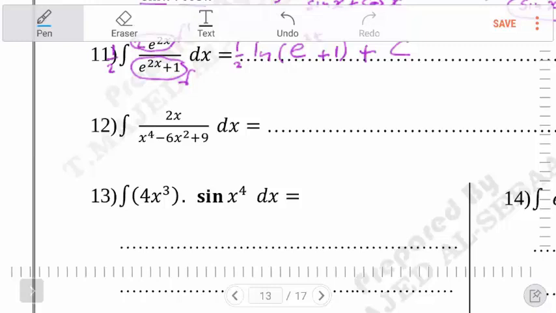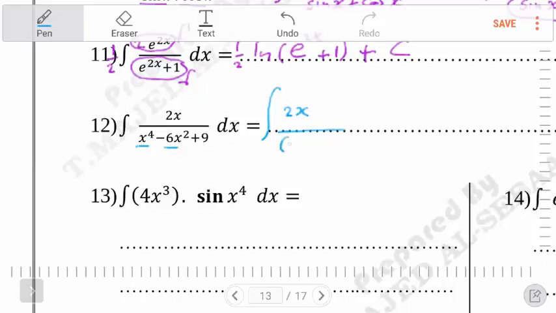But see the trick here. I can write that like 2x over x to the power of 4 minus 6x squared plus 9.